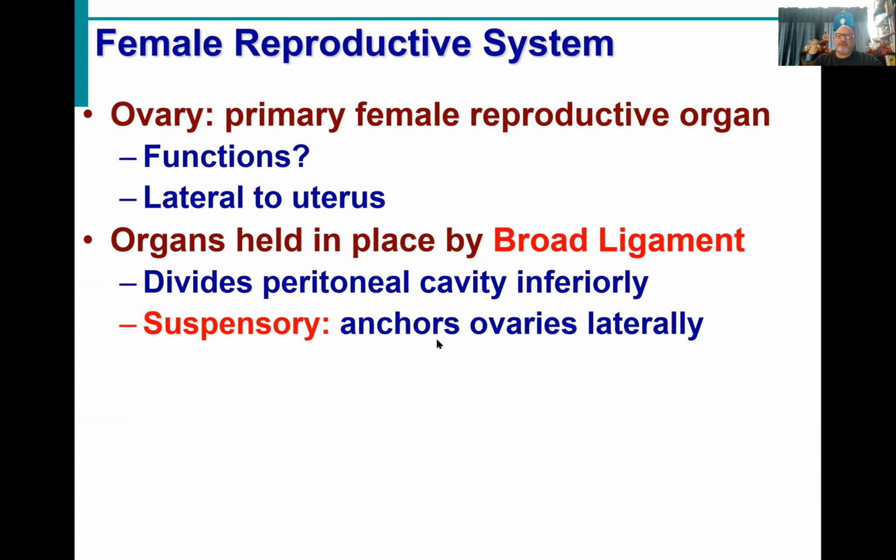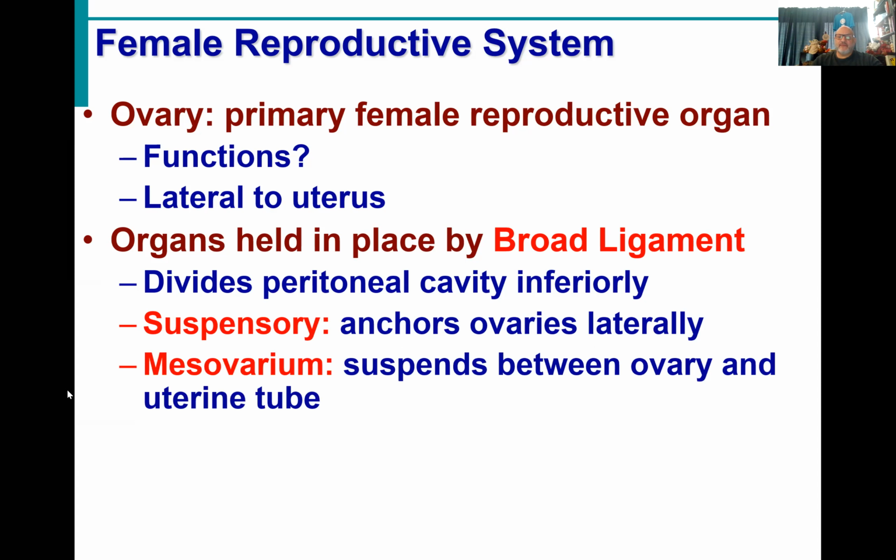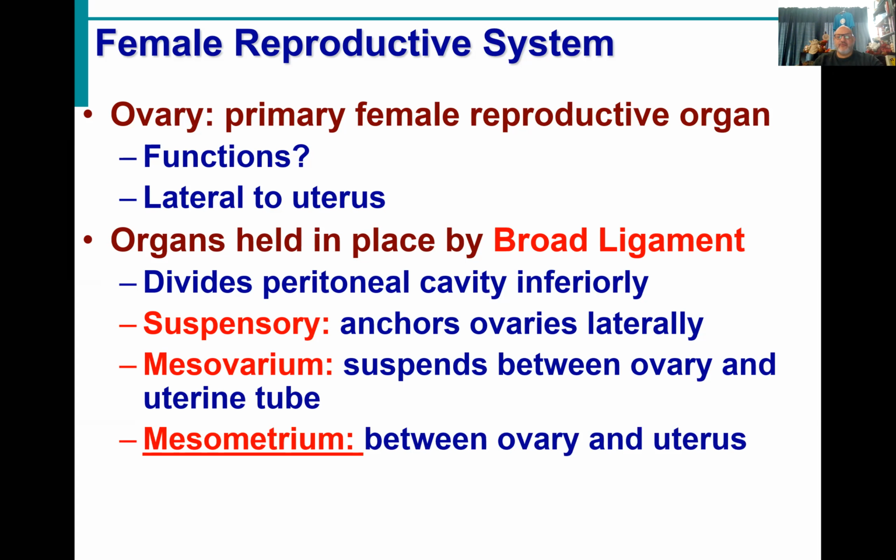These include the suspensory ligament, which anchors the ovaries laterally, the mesovarium, which anchors the ovary from the uterine tube, which drapes over the top of it, and then the mesometrium, which is between the ovary and the uterus.